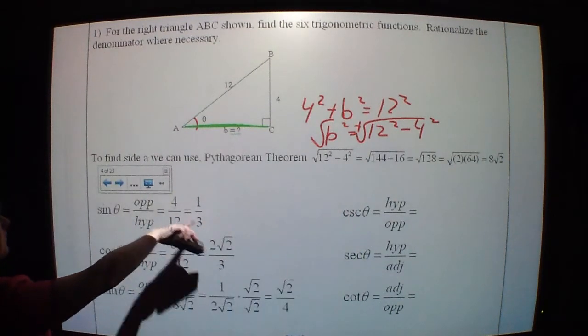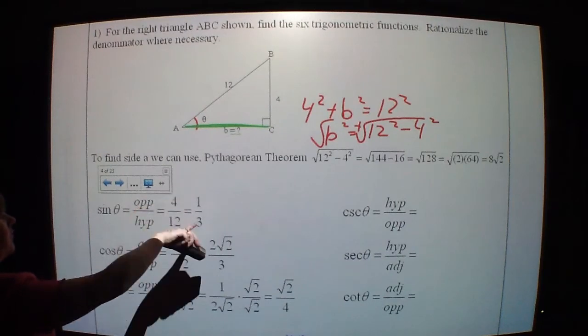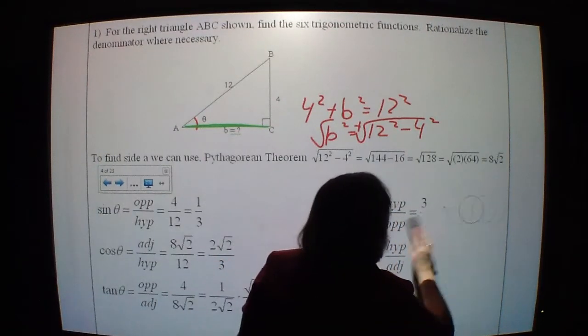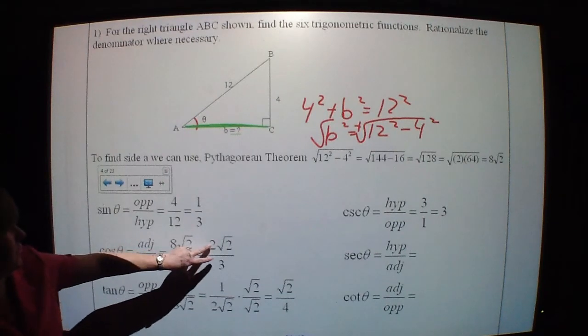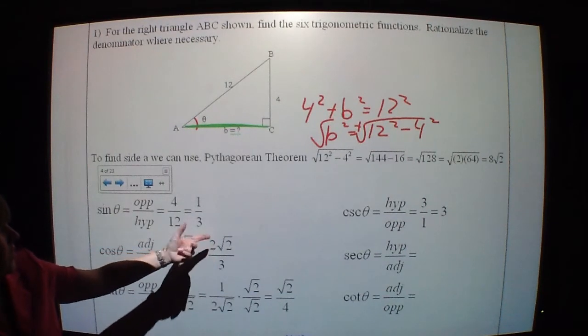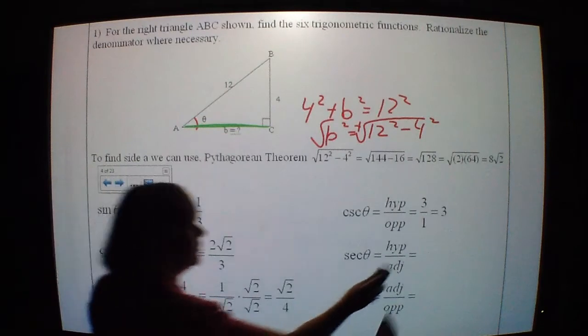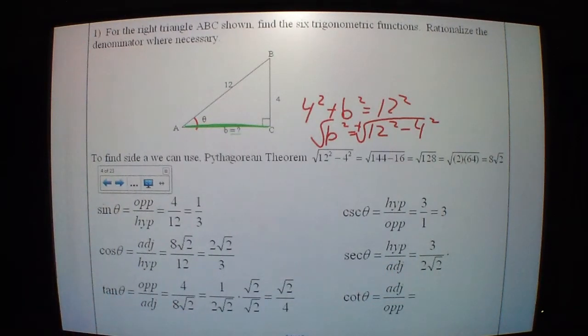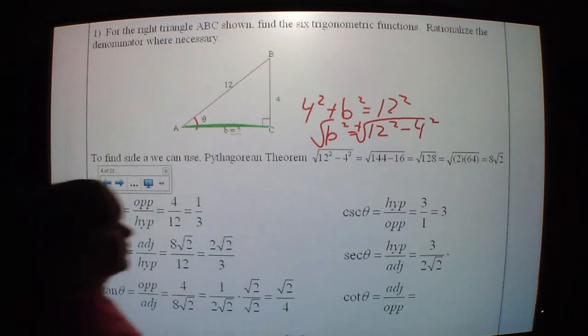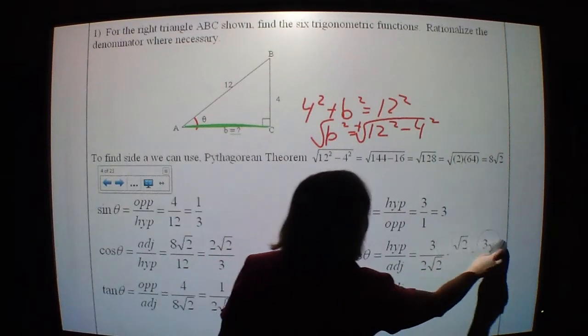Cosecant is the reciprocal of that, so instead of 4 over 12, it's 12 over 4, or 3 over 1. Reciprocal of 2 radical 2 over 3 is 3 over 2 radical 2. And then rationalize the denominator, multiply top and bottom by radical 2. So I have 3 radical 2 on the top.